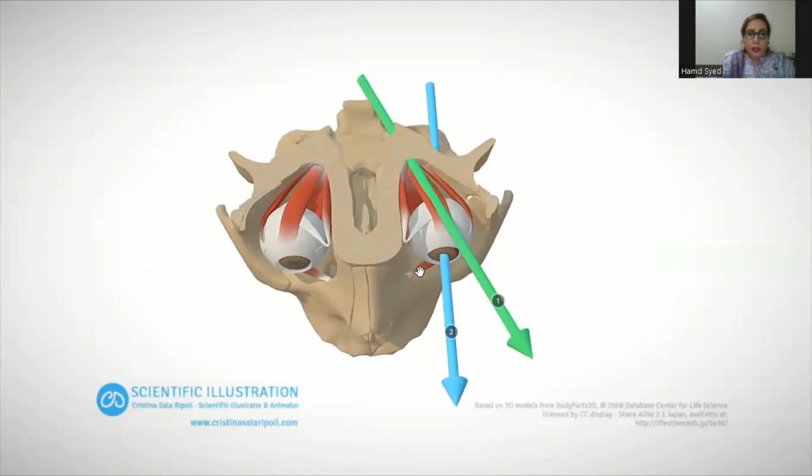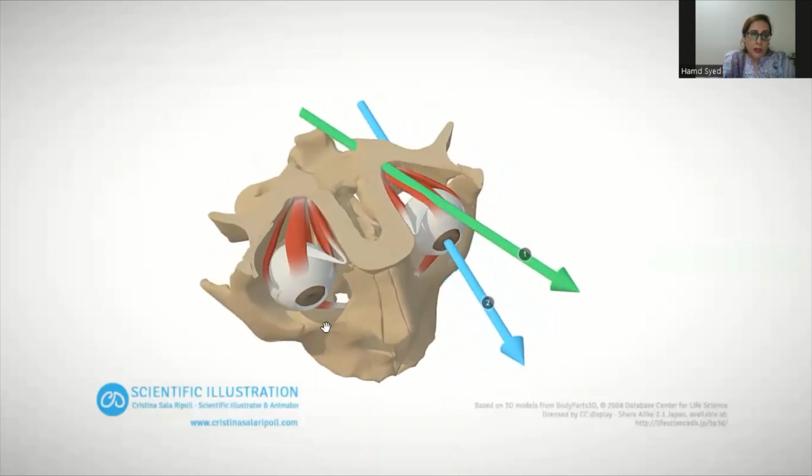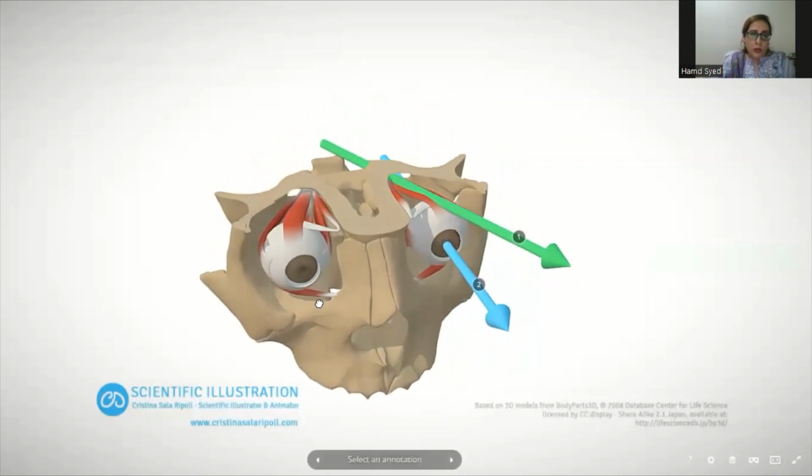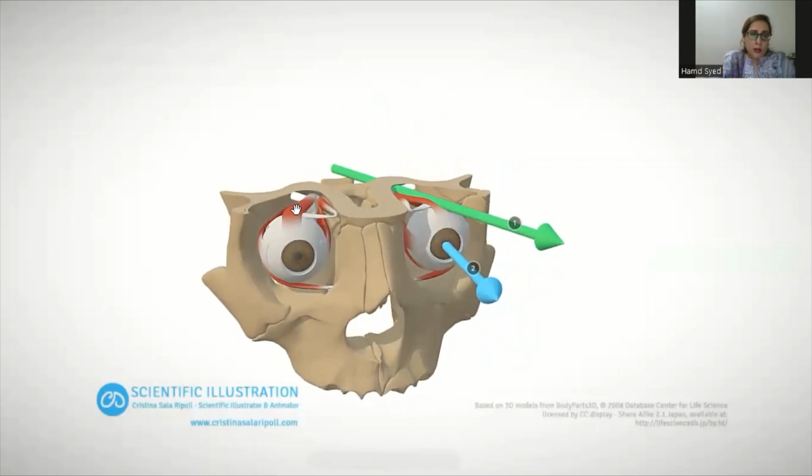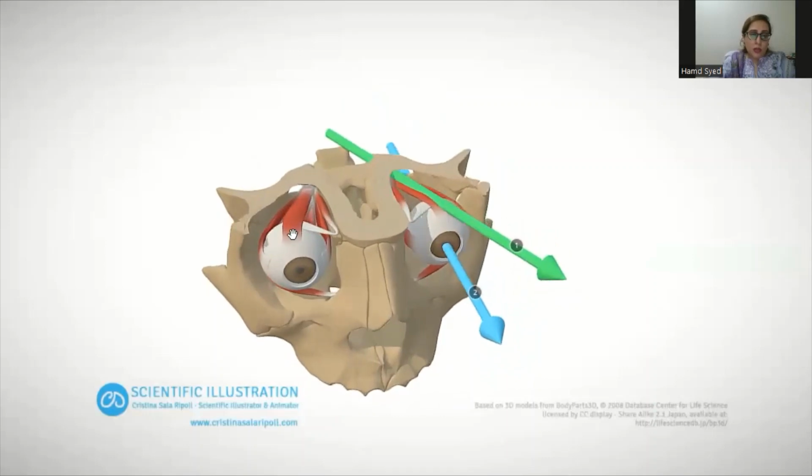And over here, if we look at the extraocular muscles now, we can see that they are the ones responsible for the movements of the eyeball. And here is the superior rectus. If you just follow the pointer, this is the superior rectus.